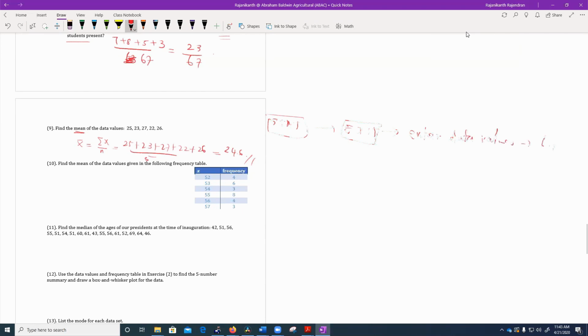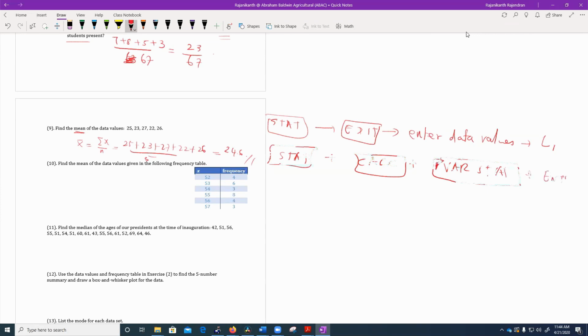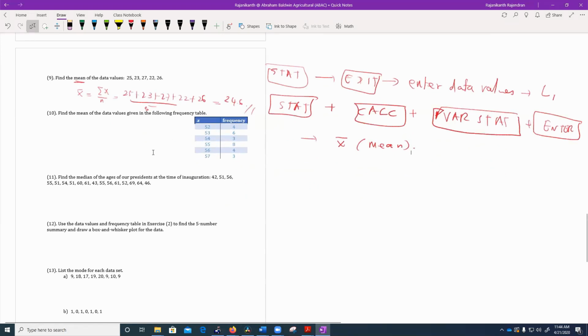Then again go to stat, then calc. Then number 1, 1-Var Stats, then enter. Got it. Then where's my mean answer? The mean answer is x bar. Good.